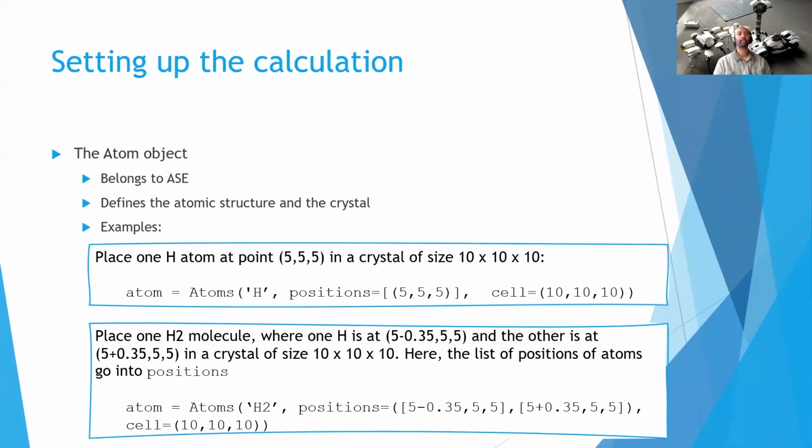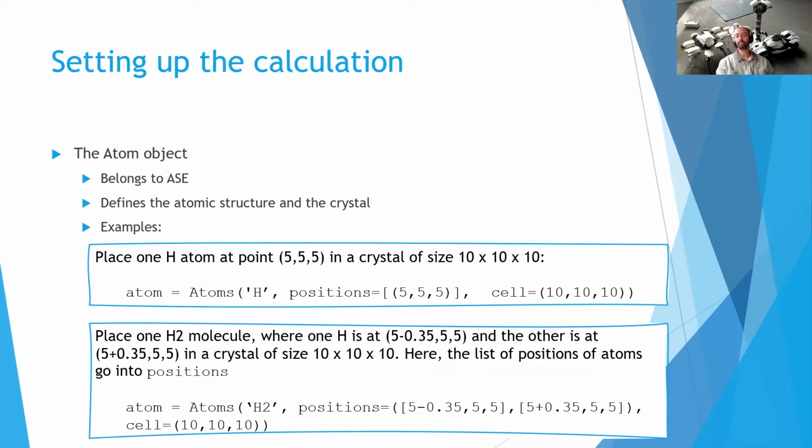For example, let's create a system with only a hydrogen atom. So we're going to place an H atom at the center of a box of size 10 by 10 by 10. Okay, so the center of that box is going to be 5, 5, 5, right? To do this, we create a new Atoms object, just the normal way of creating a new object based on a class in Python. So you would go atom, or you can call this just a variable, equals Atoms, which is the Atoms class. And then the first parameter is H here, which is the atom itself that you want to place.